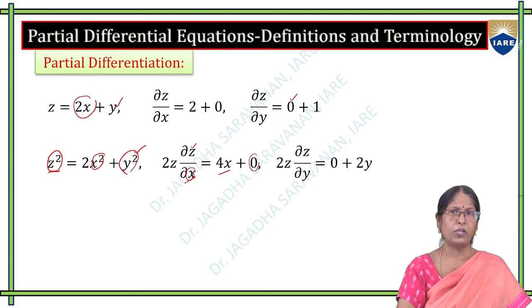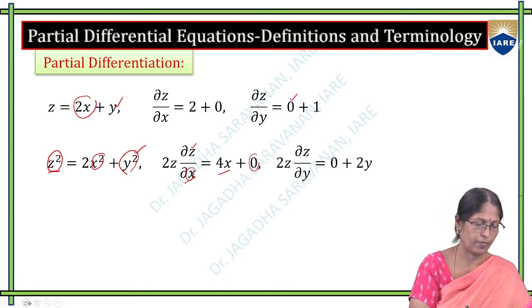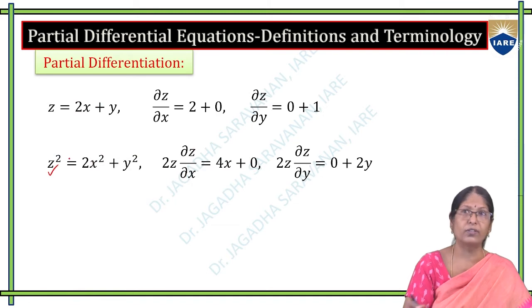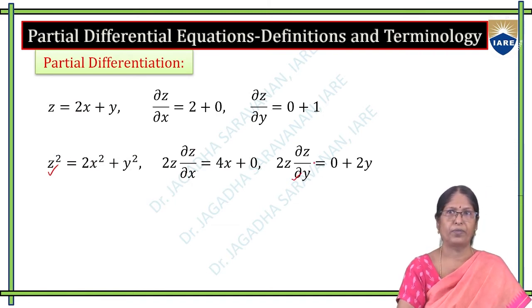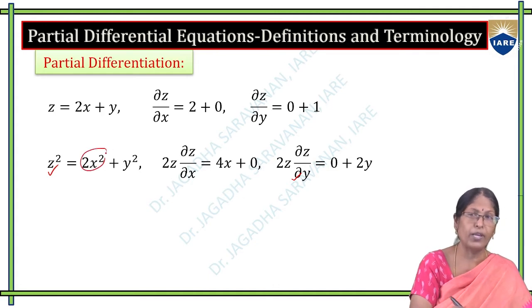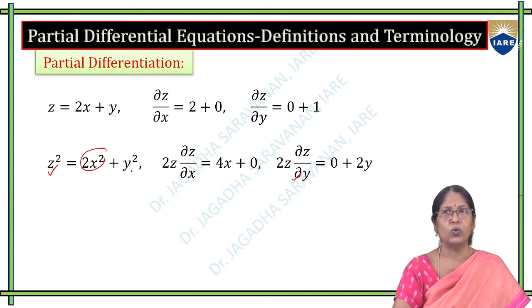The similar treatment if you give for y, that is partially with respect to y. So this is 2z dou z by dou y. This is becoming 0, and y square gives 2y.